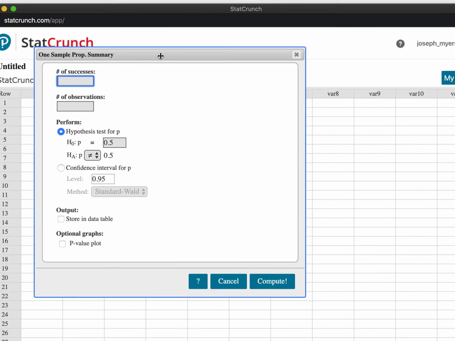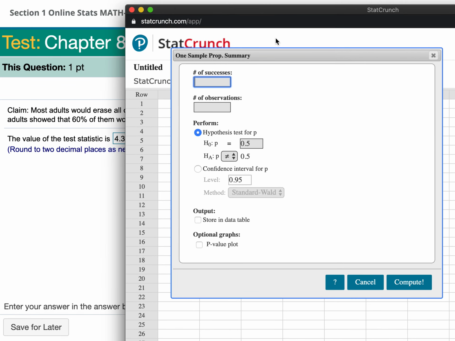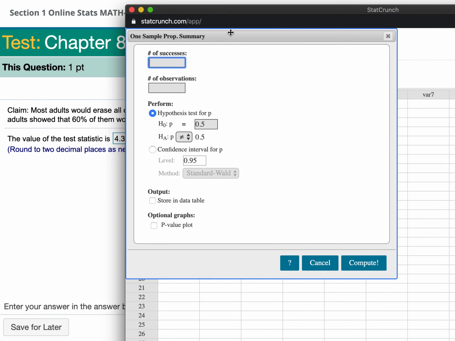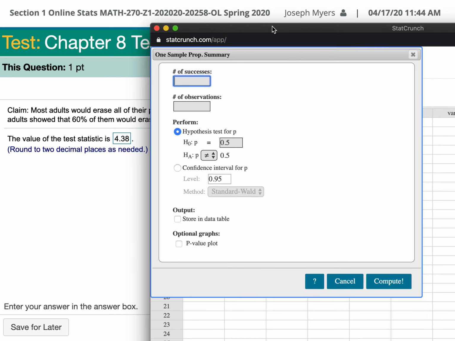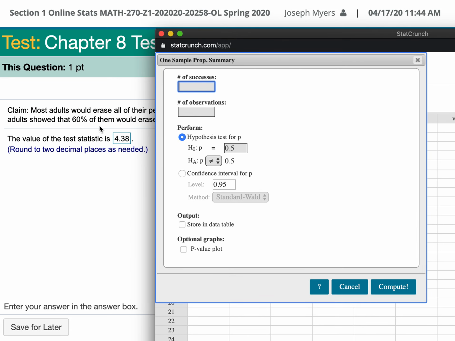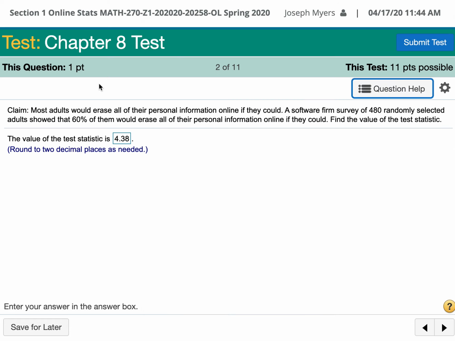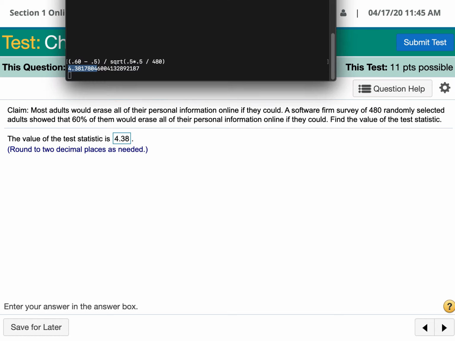Now this problem is not designed to use StatCrunch, so we'll have to do a little bit of extra work because this problem doesn't tell us the number of successes. This problem is designed for you to do by hand, but we can calculate the number of successes though. So what is 60% of 480?